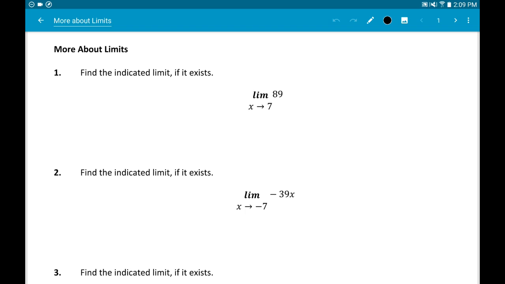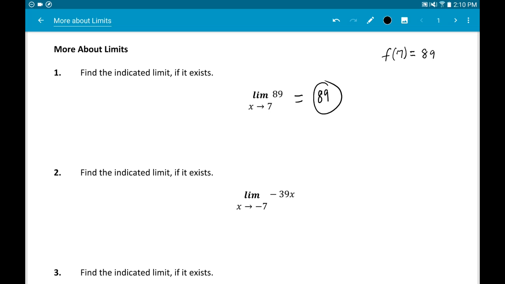Well, we learned previously that if we could plug in the number, so if I want to plug 7 into that function, there's no x to actually plug into, so you're still going to get 89. Now that was true for left, right, or two-sided limits, so that's technically the first case that we looked at. You can plug the number in and it spits a number out, you're finished. So in other words here, the y value, the limit, is 89.